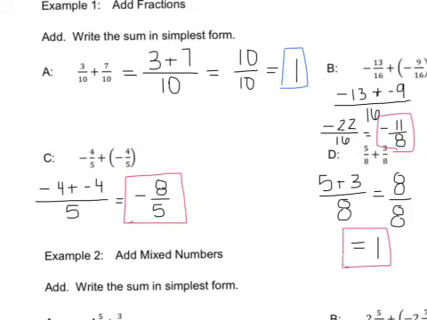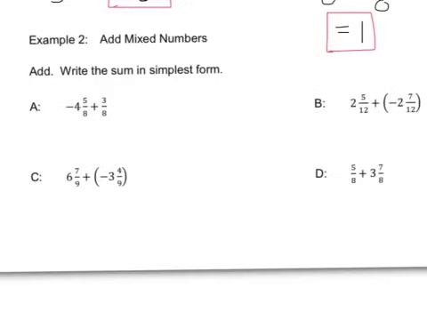Okay. Example 2, we're going to throw in some mixed numbers now. For letter A, we have negative 4 5/8 plus 3/8. You do not have to change them to improper fractions like you did before when you were multiplying and dividing.